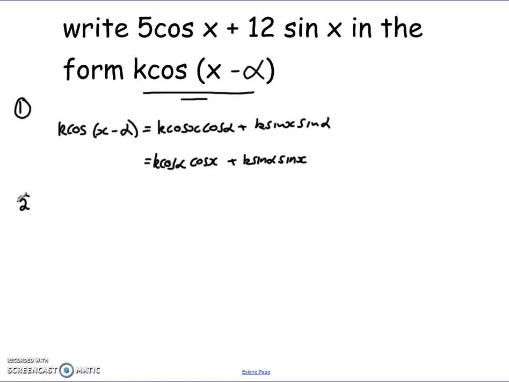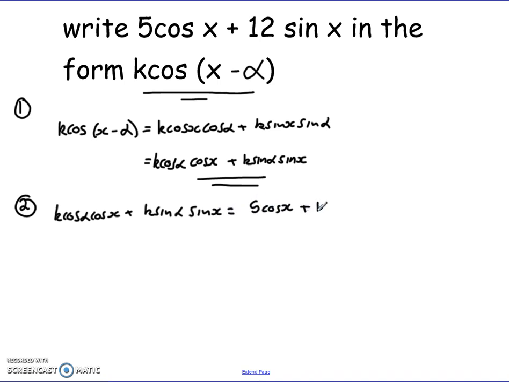The second thing we really should do is compare this with the original function. So what I want to do is compare k cos alpha cos x plus k sin alpha sin x, and I want to compare that with 5 cos x plus 12 sin x.